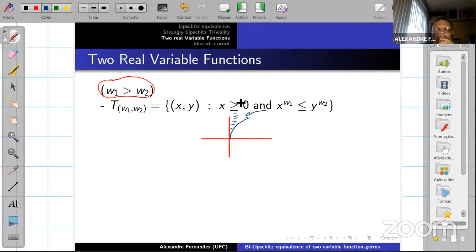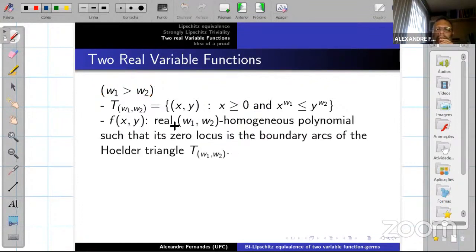And you consider weighted homogeneous functions whose domain is this triangle.